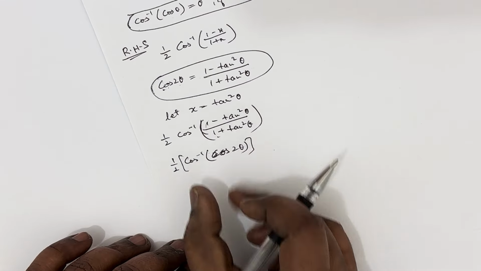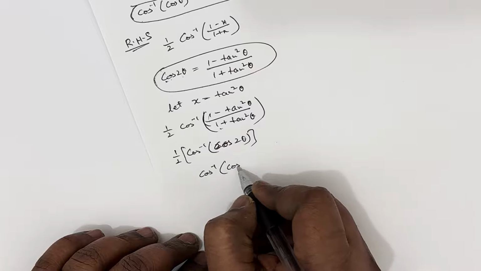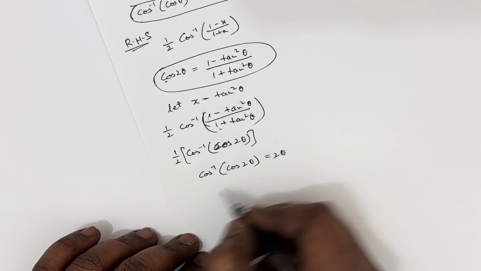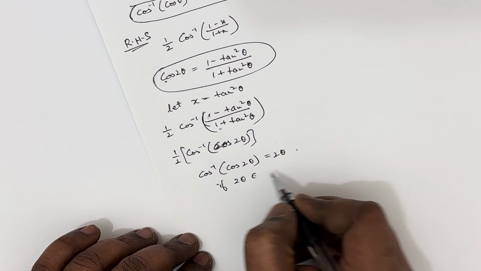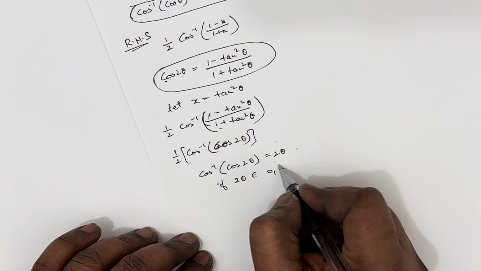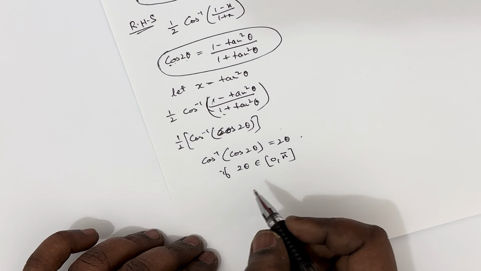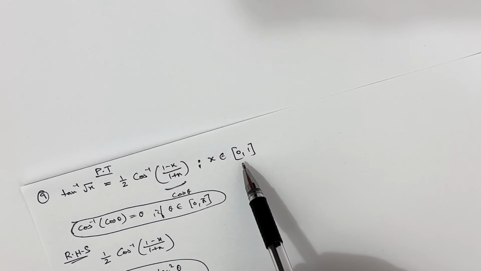So let's take this separately and try to solve it. Cos inverse cos 2 theta is equal to 2 theta if 2 theta belongs to the range of cos inverse, 0 to pi. So let's see that. They have given a condition, x belongs to the closed interval 0 to 1.